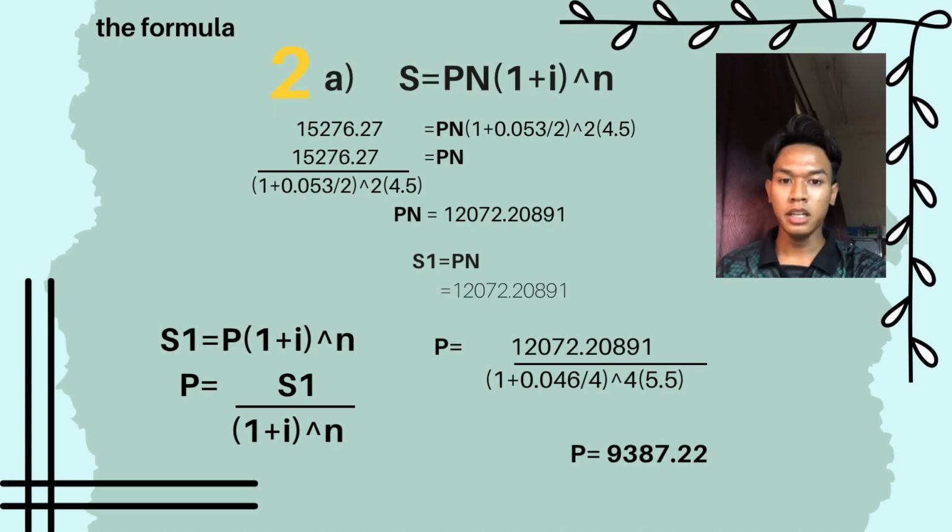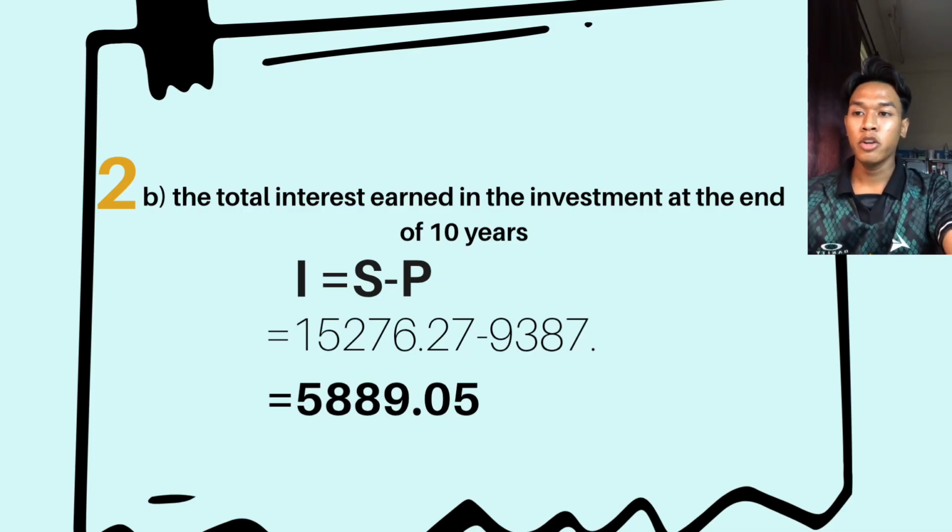We use the compound interest formula, S equal to P times 1 plus i to the power n, and we get the answer 9,387.22.